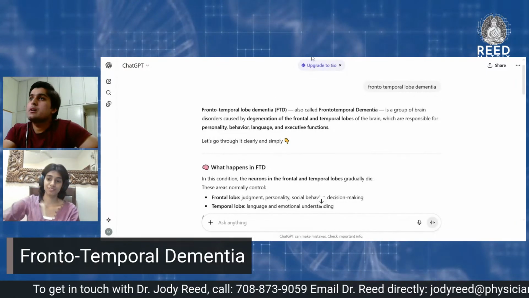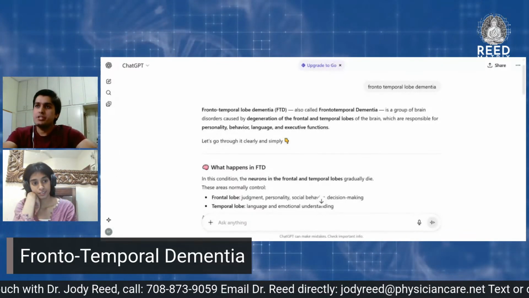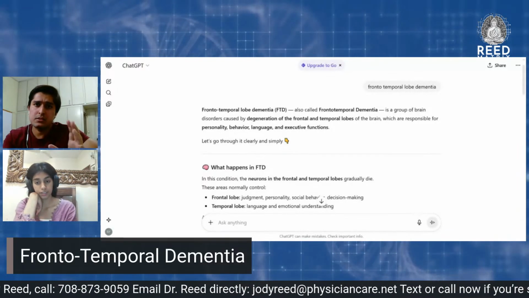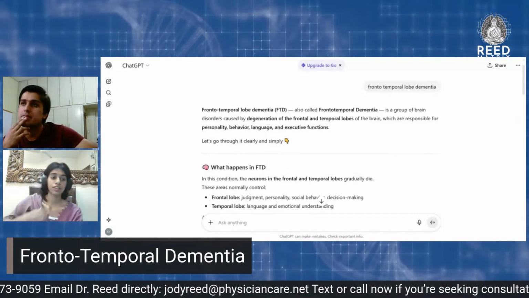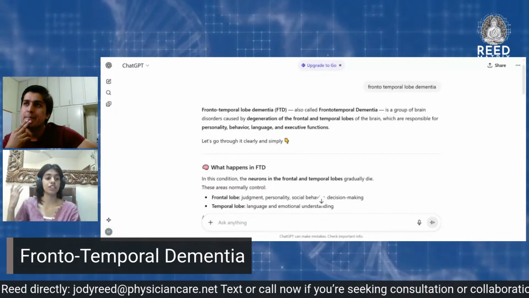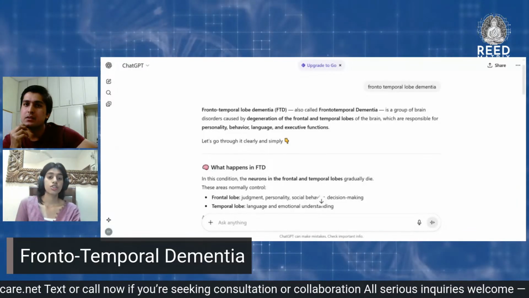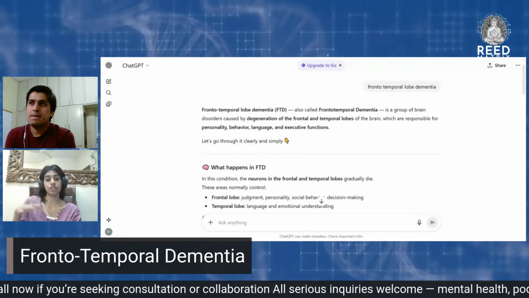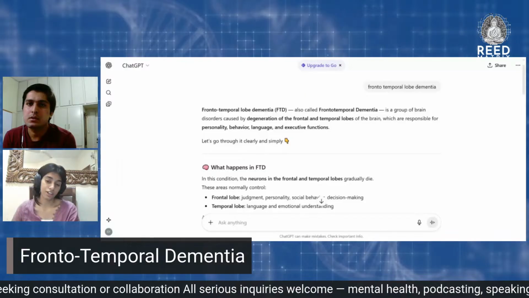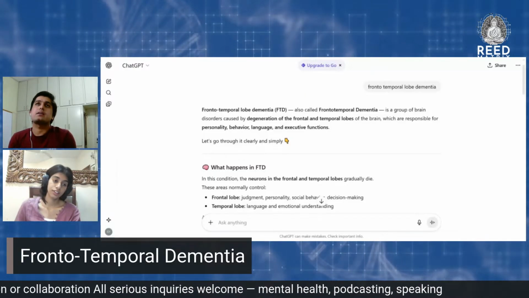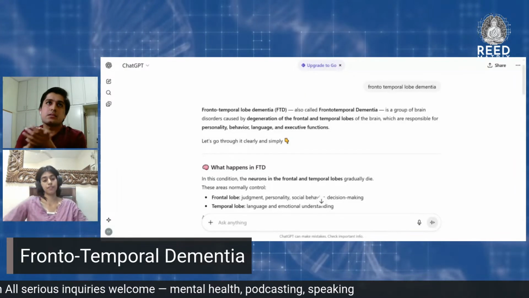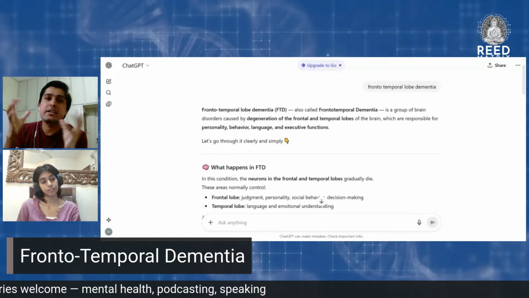So first of all, I think most people know what dementia is, but for those who do not know, it's basically the loss of thinking or ability to make decisions. So you can explain the frontal temporal and how the brain works with that. So basically, dementia is a collection of symptoms.